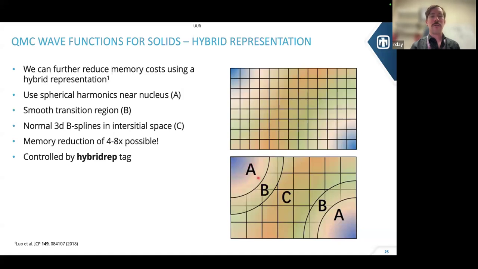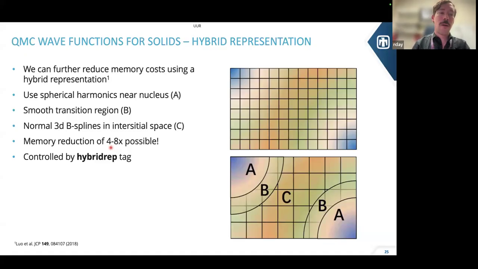I don't know if we have GPU support for this, but if you are running on CPUs, the memory reduction by doing this, and not just memory reduction but also variance reduction, because you have a higher resolution representation, is pretty sizable. You could easily knock down the cost of storing this spline wave function by about 4 to 8 without any major loss in accuracy.